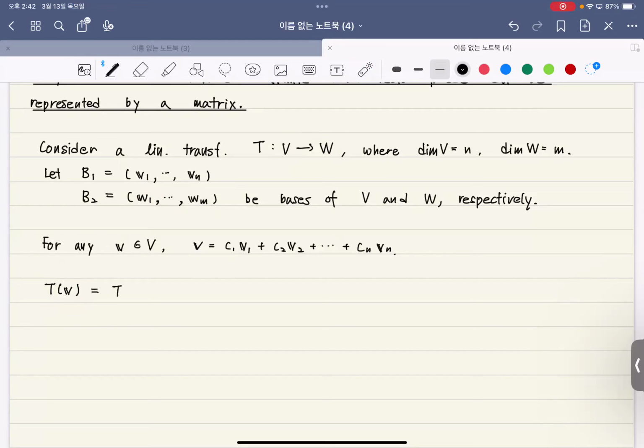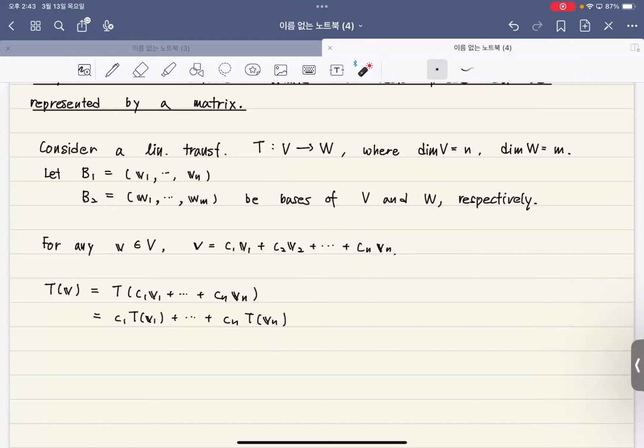But before I do that, let me replace this guy by this linear combination. And also, T was assumed to be linear. So this is c1 times T v1 plus and so on, plus cn times T vn.